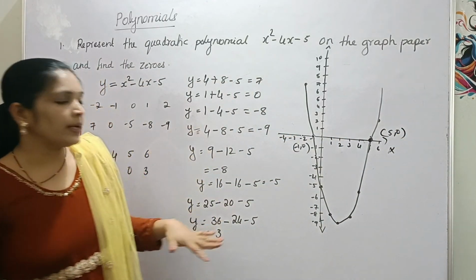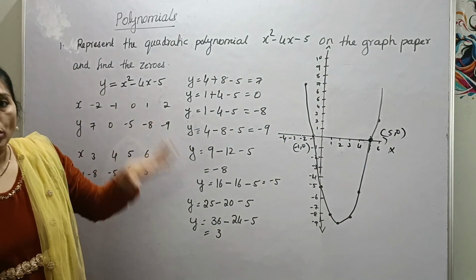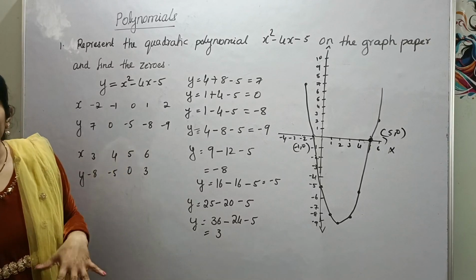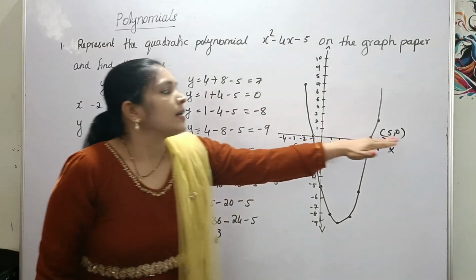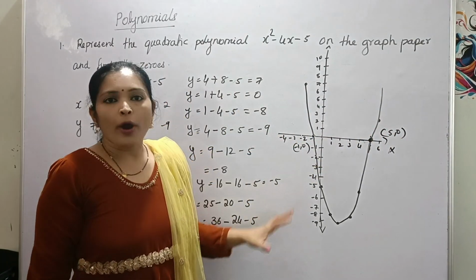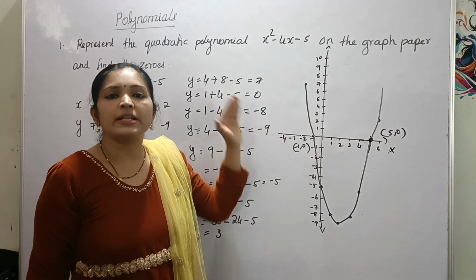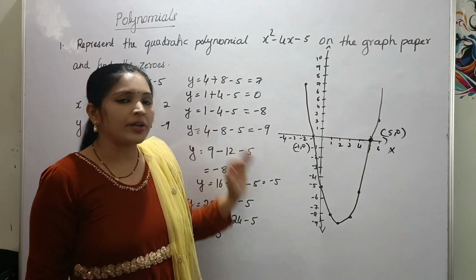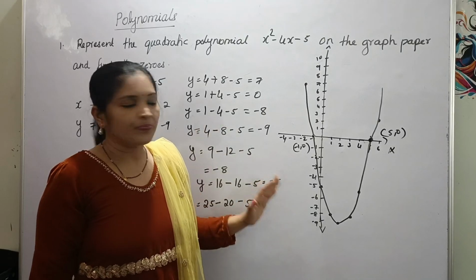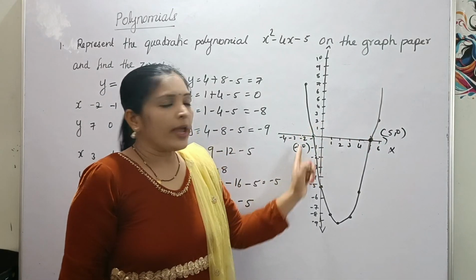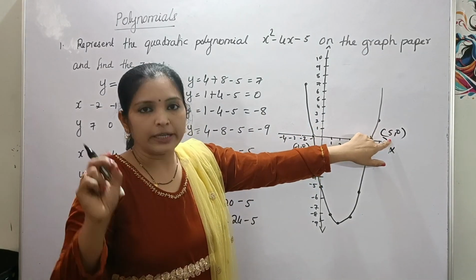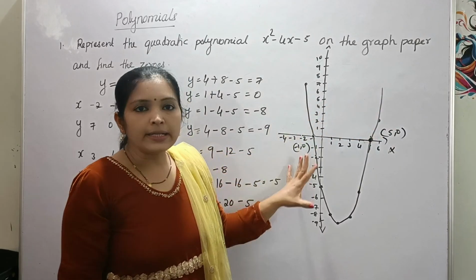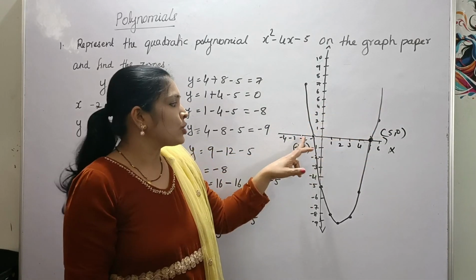So here the zeros of the polynomial. What are the zeros of the quadratic polynomial? That is the x coordinates of the points where the graph intersects the x-axis.